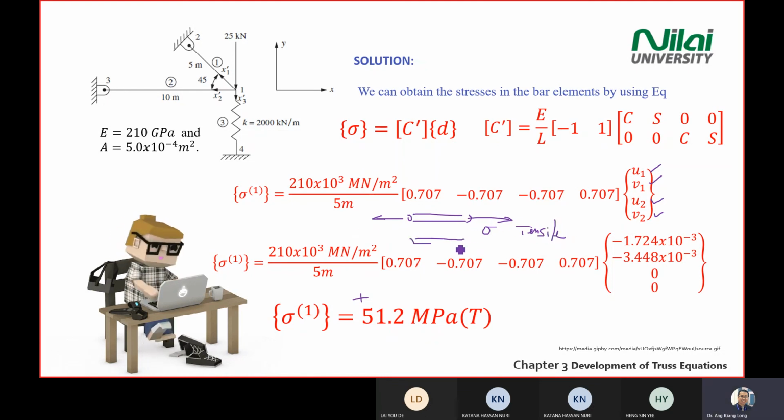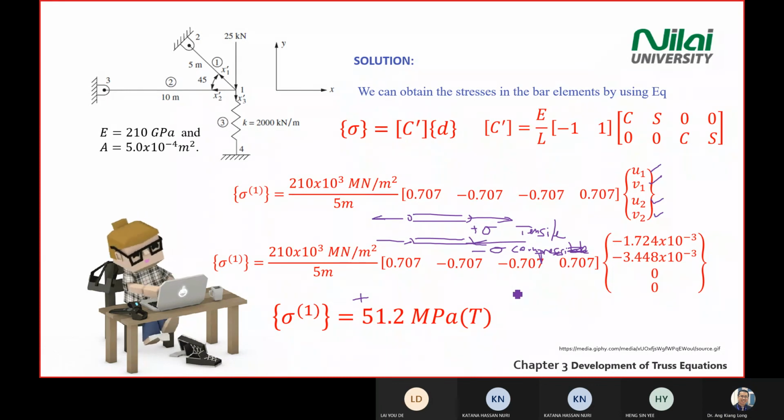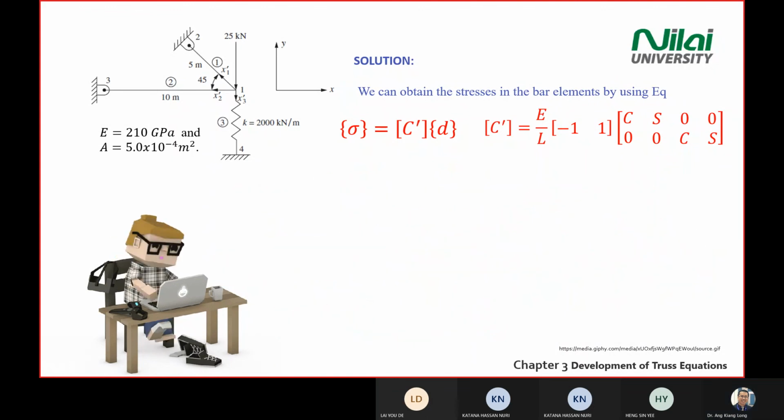If you get a negative sign, it means you have a compressive stress, the object is being compressed. Okay, this is how you solve for stress.